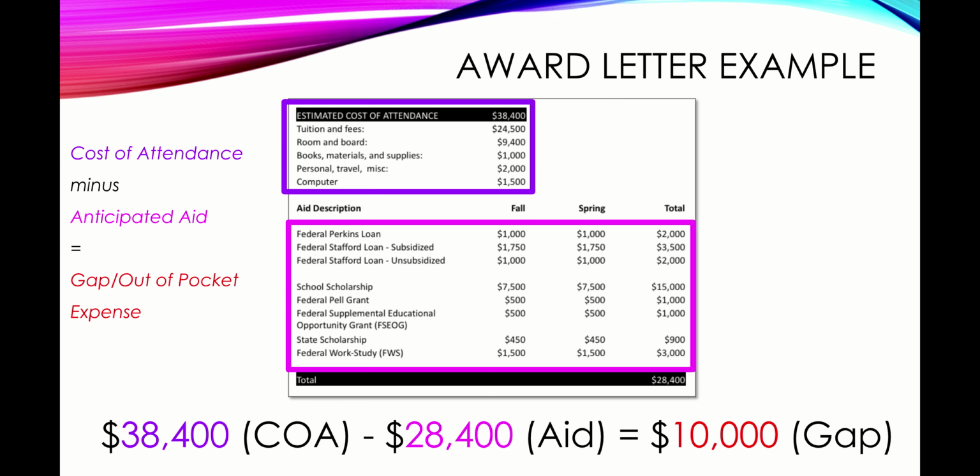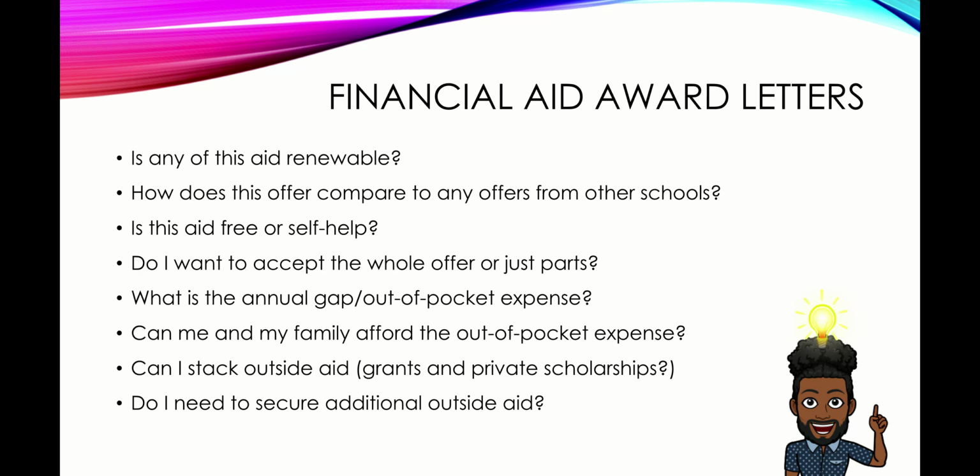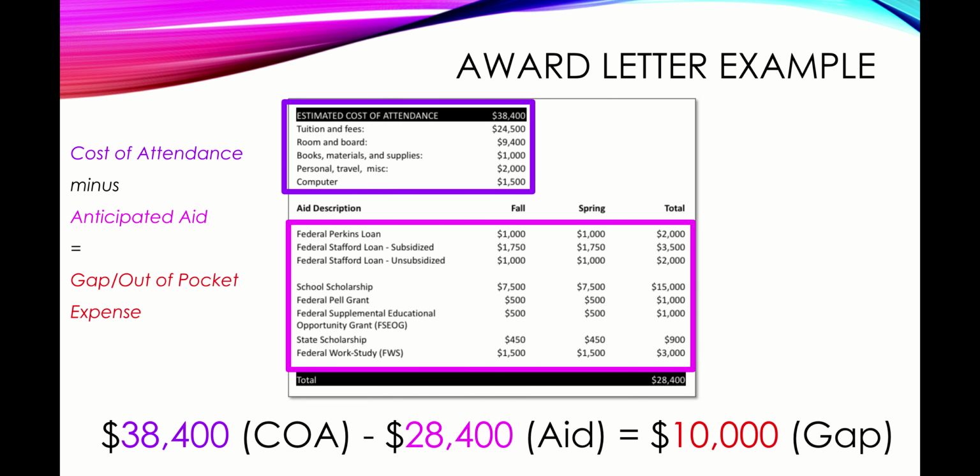Okay? So as you're looking at financial aid award letters, some of the questions, and I've been asking them as I've continued, you also want to look at, is any of this aid renewable? Okay. So when looking at, for example, the school scholarship or the state scholarship, are those renewable? Because you're only going to see in a financial aid award letter the aid description for the first year, for that freshman year, right?